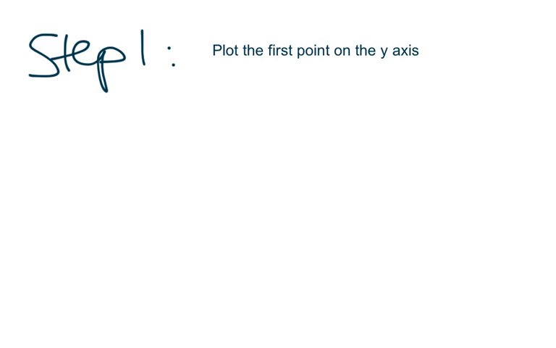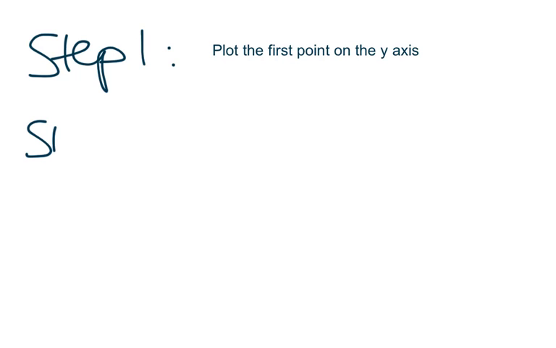So now that we've done a couple, let's write some notes. Step 1 is to plot the first point on the y-axis. And after you plot that point, you're going to start from that point and use the slope to find the second point.